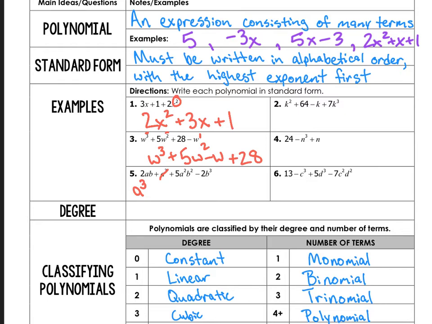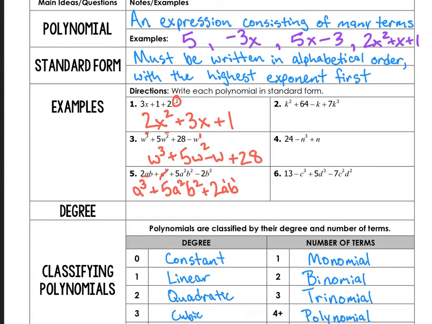Now, when I look at this, again, we want the highest exponent to come first. So if that's the case, we're going to put the 5a squared b squared next, because after that will be the 2ab. Remember, the 2ab has exponents of 1 and 1. So the 5a squared b squared comes first, then the plus 2ab.